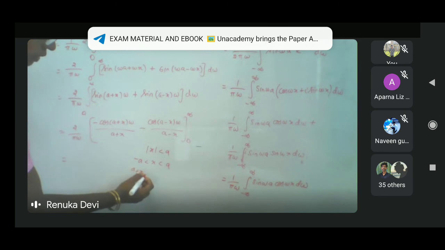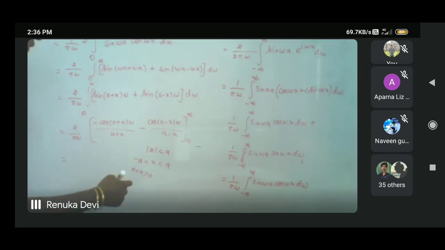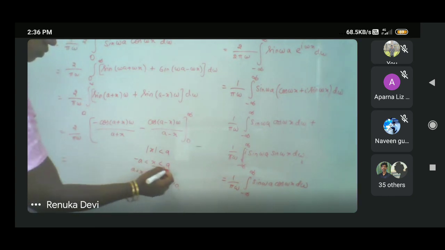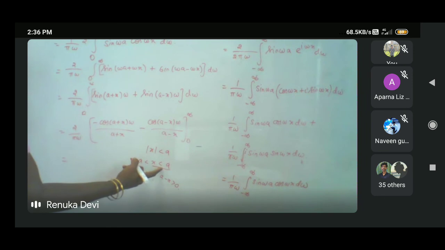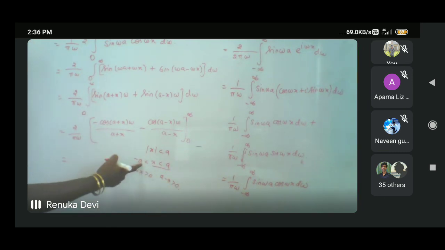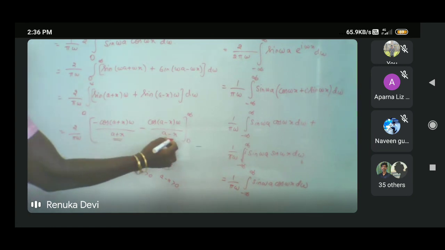A plus x is greater than 0, isn't it? What is A minus x? A minus x is also greater than 0. Using x less than A, A minus x is greater than 0, and using minus A less than x, A plus x is also greater than 0. That we know. Both the denominators are positive.